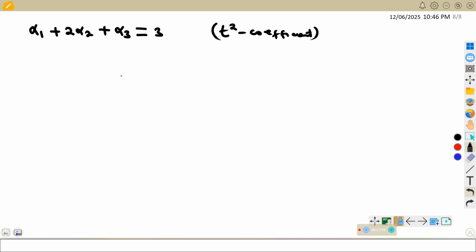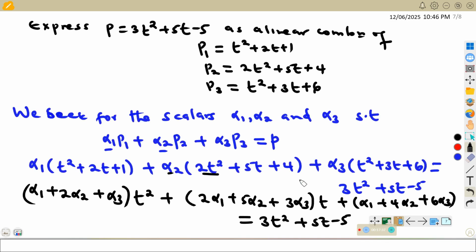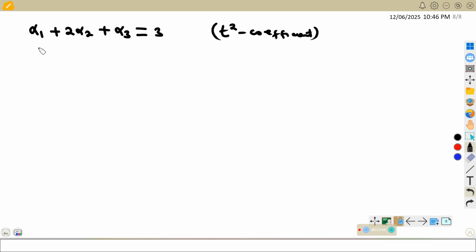Okay, so next we equate the coefficient for t: 2 alpha 1, 5 alpha 2, 3 alpha 3 is equal to 5. These are coefficients for t.